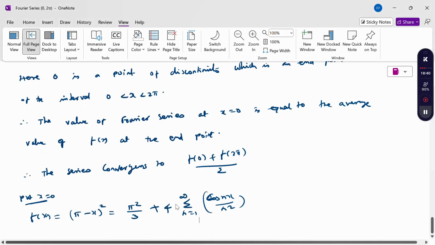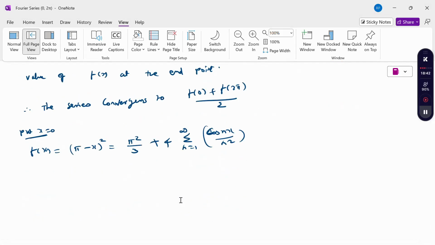Here when I substitute x equals 0, for this term it is pi minus 0 whole square, right? But this series converges, therefore f of 0 plus f of 2 pi by 2. So when I use the convergence, the series cos nx by n square.